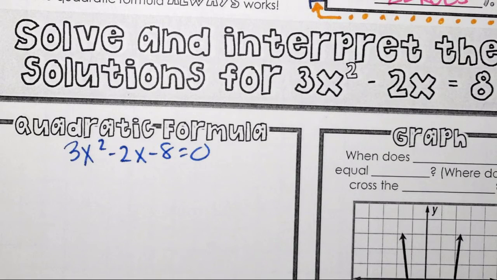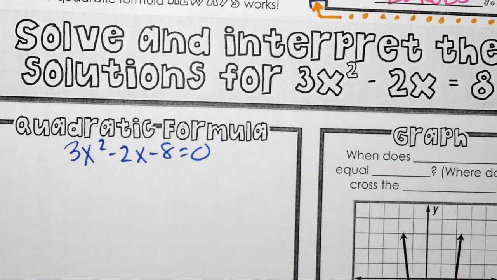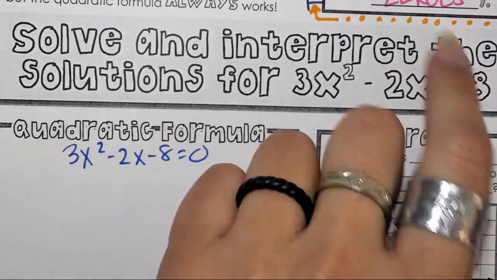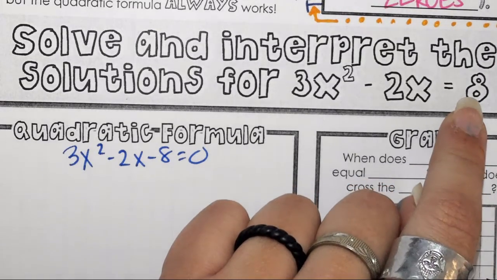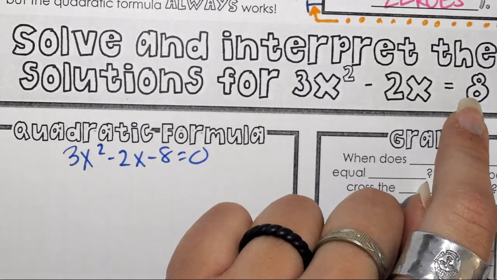So does everybody see why we subtracted 8? Because it's C and we need to get it equal to 0. But why did we subtract?